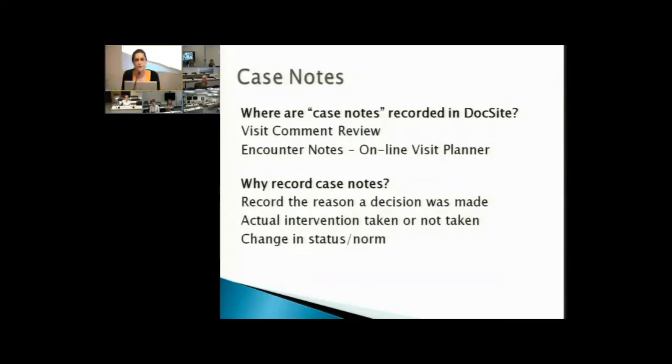So the question is about race when you're putting in demographics. There's a no answer option there. I can't remember what it is, but you can put unknown or declined. When we first learned DocSite, I was like, I don't want to mess with race. You can choose an answer like unknown or declined, and some people don't want to answer that. So I was happy to see you can definitely just do that.